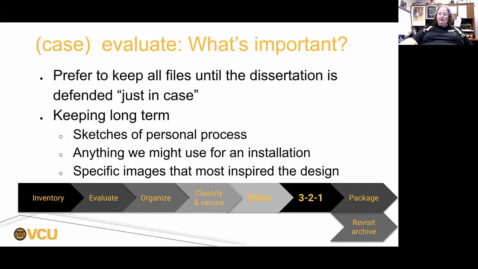So they need their personal sketches about the process, anything that they might need to explain the installation itself, and then any specific images that would be very convincing to someone they were trying to explain the design's scientific conceptualization and inspiration.